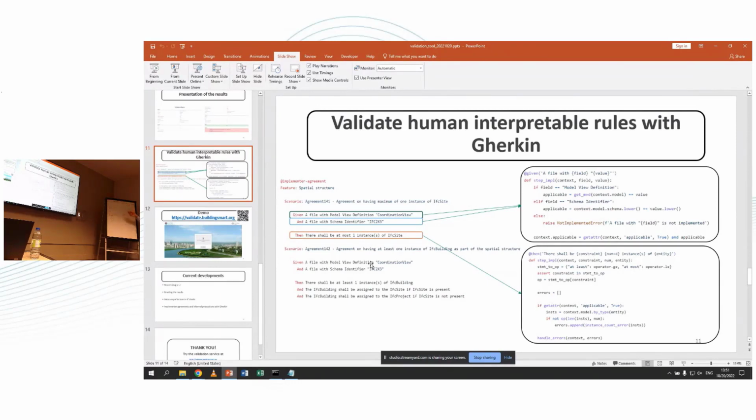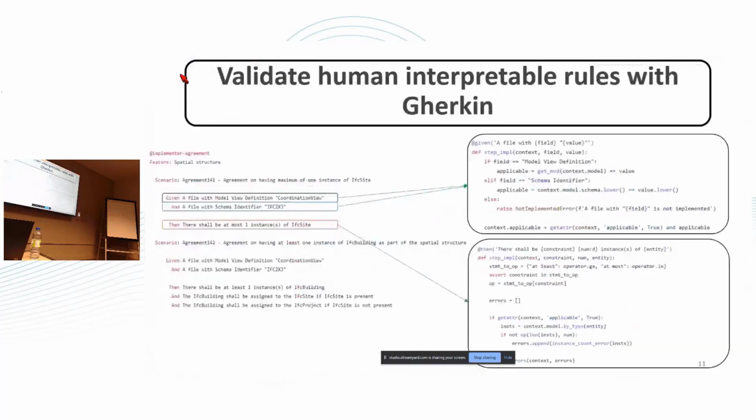And what the validation service is doing is using a technology, which is the Gherkin syntax, to describe these in a human readable and computer interpretable way. But you're right, some of these rules are IFC version specific and MVD specific.